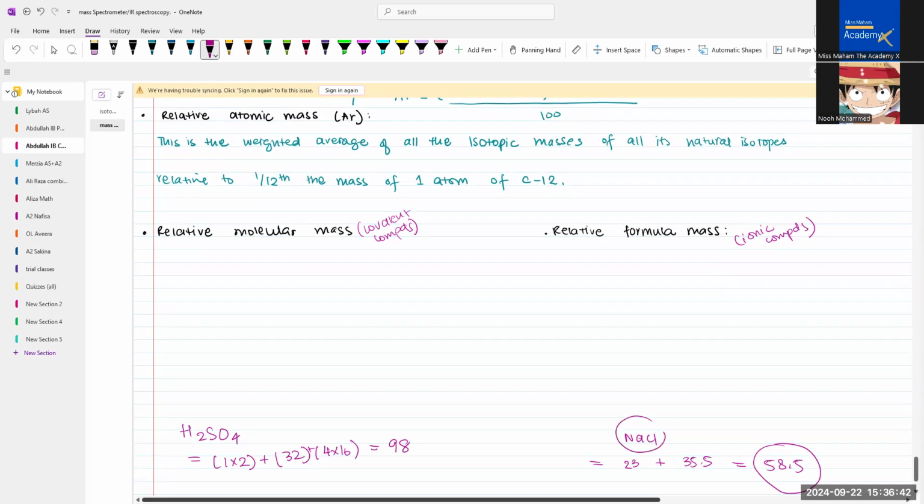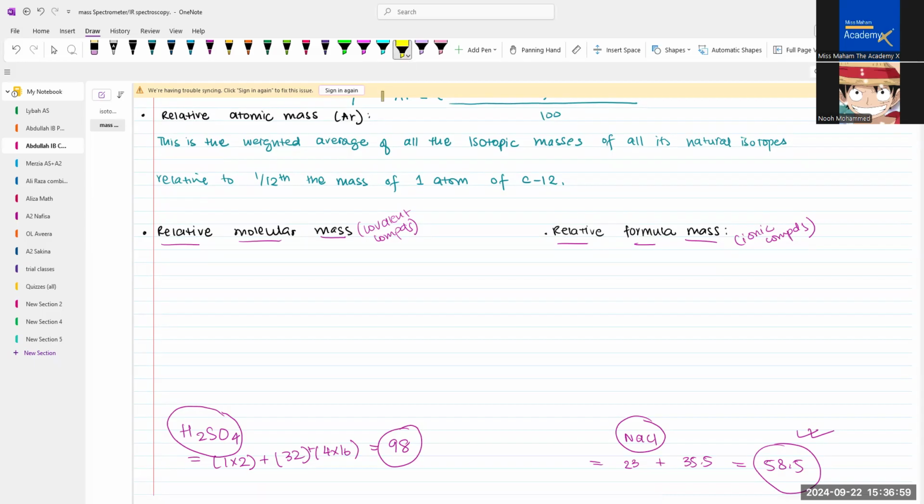So NaCl's relative formula mass is 58.5, and H2SO4's relative molecular mass is 98. When we're talking about covalent compounds, we always use the word relative molecular mass. And when we're talking about ionic compounds, we always use relative formula mass. Is this clear? Can you repeat it one more time?